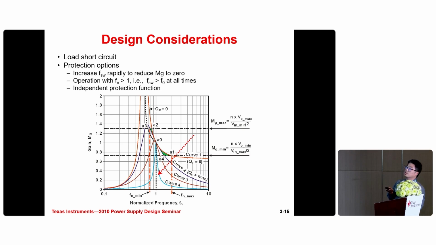So whenever there is a short-circuit condition on the secondary side, the minimal switching frequency is also larger than this, so there will be no issue here. And the third option is that we need to add independent protection functions.